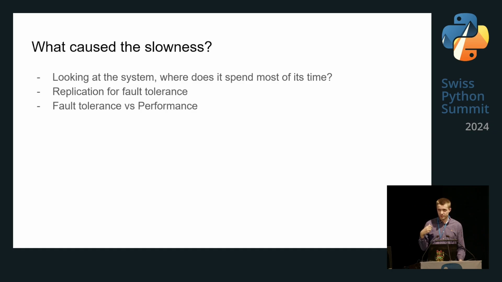And the reason it was doing this was for fault tolerance. In any distributed system, fault tolerance is really important, because you don't want to lose any data. The strategy they were using to achieve fault tolerance was replication.